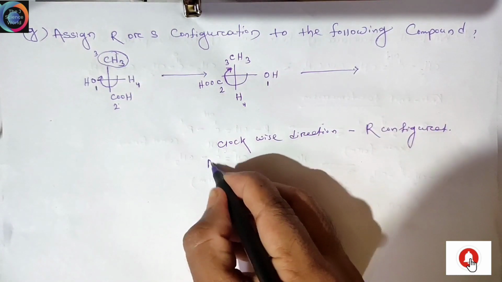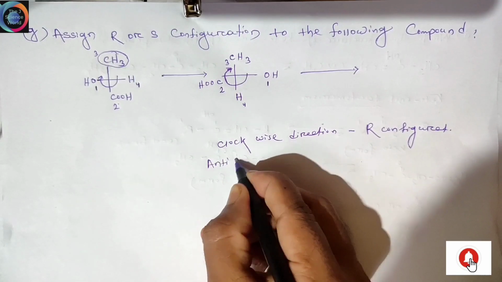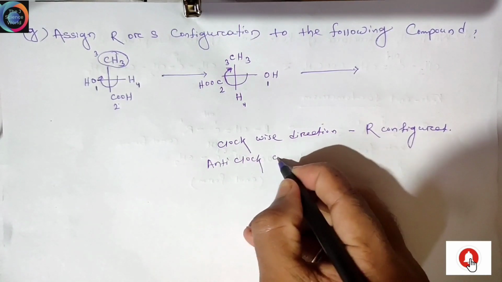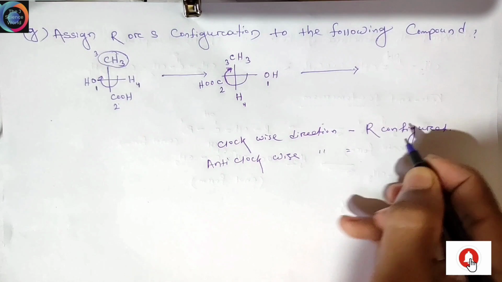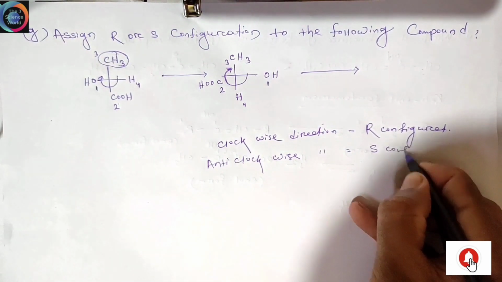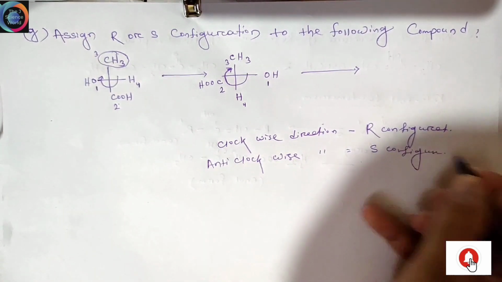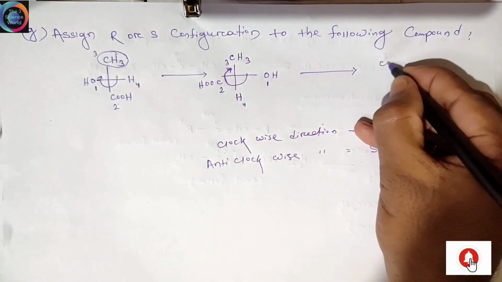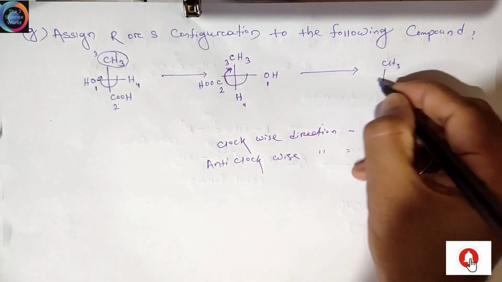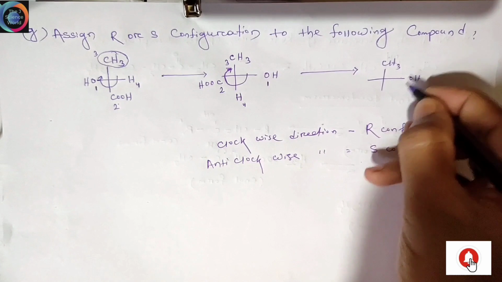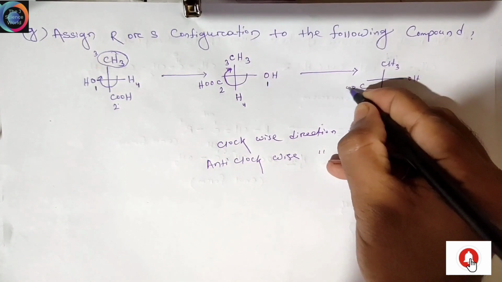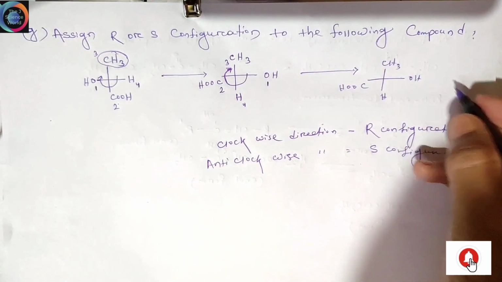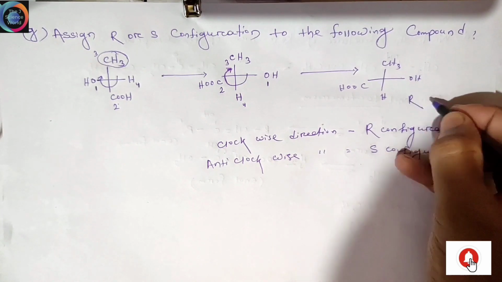And anti-clockwise direction is S configuration. So our resultant answer is this molecule shows R configuration.